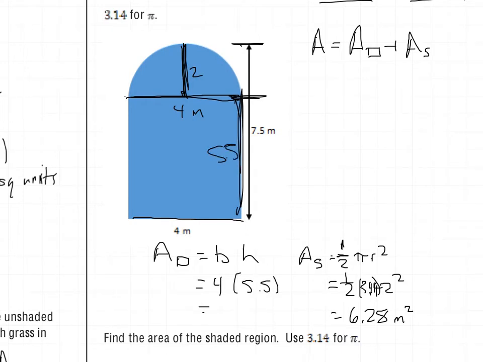That gives me 4 times 5.5 is 22. So my area of my rectangle plus the area of my semicircle would be my whole thing. The rectangle is 22 plus 6.28, which would be equal to 28.28 meters squared.